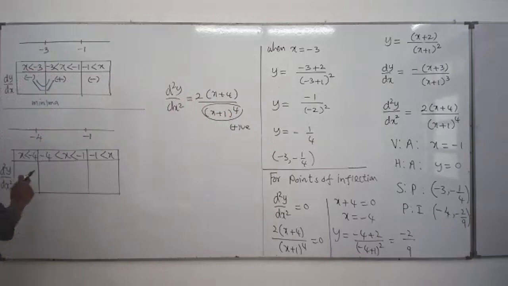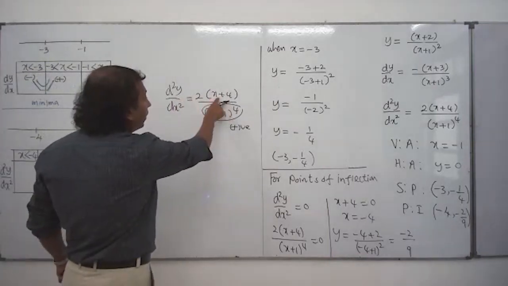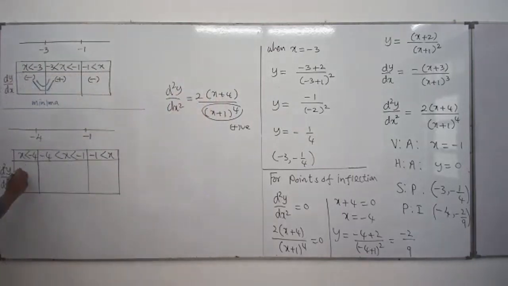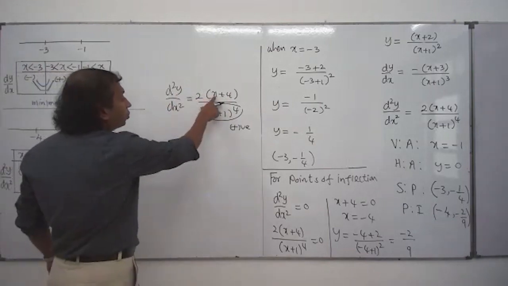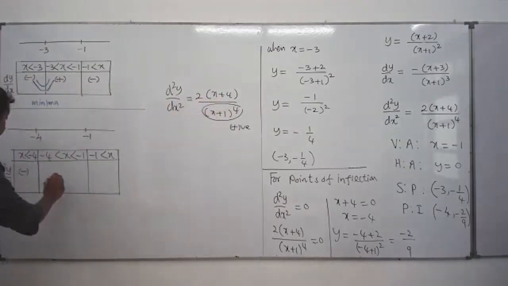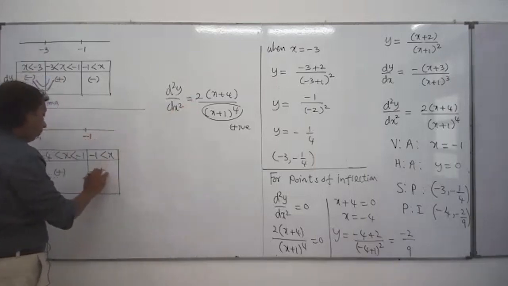Now we are going to take in the interval x less than -4. Take a value for x, -10 put, -10 plus 4, -6 into 2, -12. Second derivative is negative. Between -4 and -1, put -2. -2 when you put here, 4 minus 2 is 2, 2 and 2, 4, plus. Greater than -1, put 0, also plus.